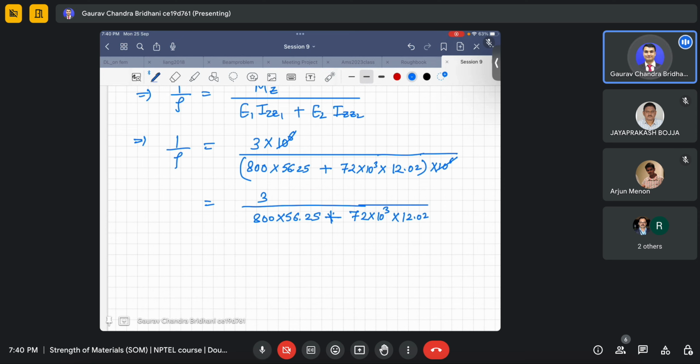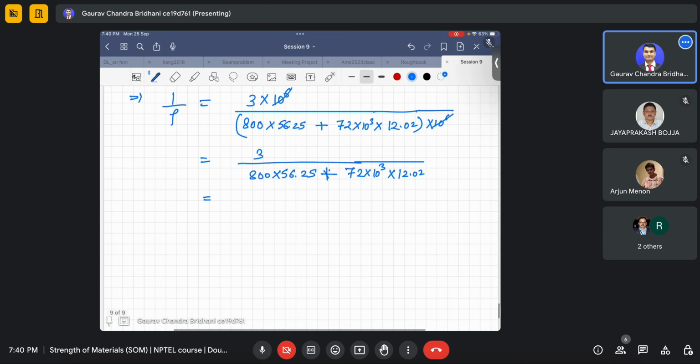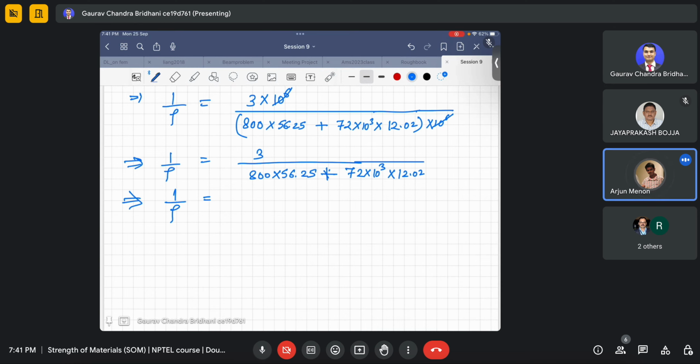So if you can find this quantity, 1 by rho, it comes to 3.29 into 10 to the power minus 6, correct. It will be mm inverse, okay.